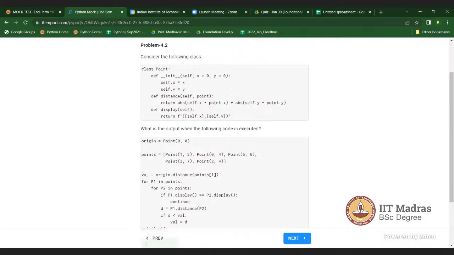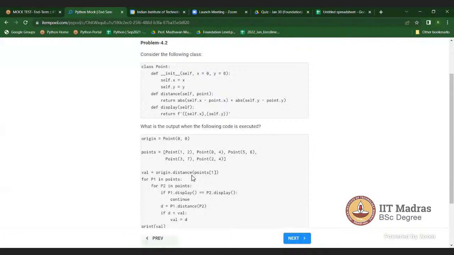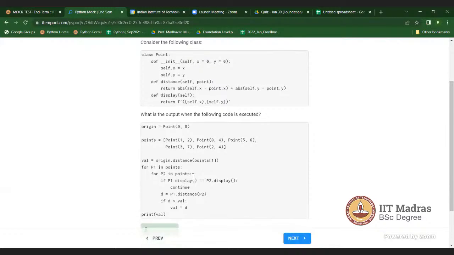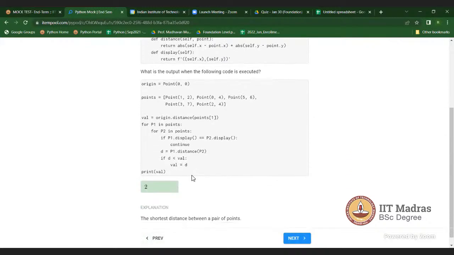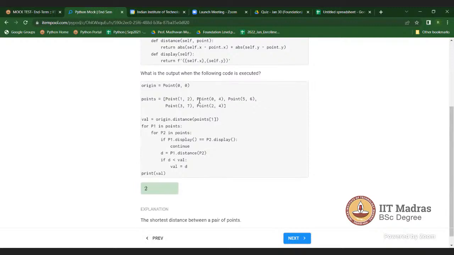So val will be equal to 4 initially. Now we should check for those points, where the distance between those two points within this list is less than 4 or not. If it is less, then our val will be updated to that particular value.